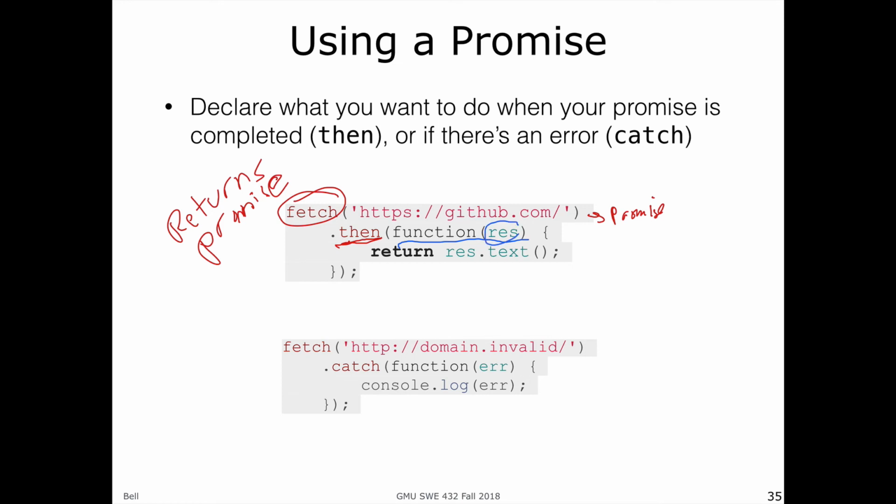And this one argument that it takes is going to be whatever data the promise completes with. So what this code on top here is going to do is request this promise to go off and fetch this data from github.com and then say, hey, whenever this thing completes, then do something, return back this text.